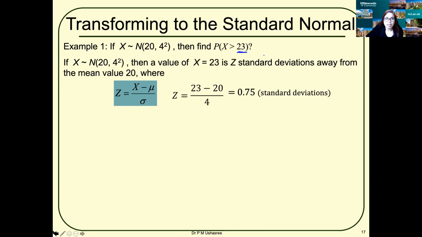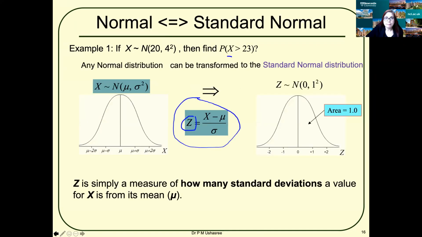That means a random variable X is equal to 23. So let's go back. The mean is 20, and the standard deviation is 4. That means this value should be 24, and 28, and this should be 16, that is 20 minus 4, and here you will have 12.